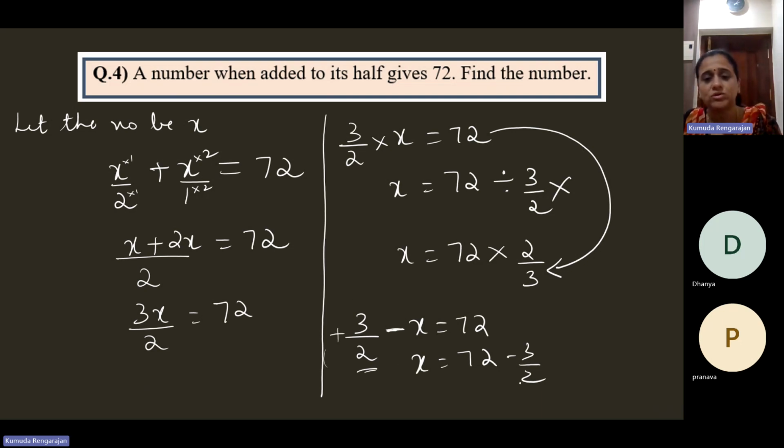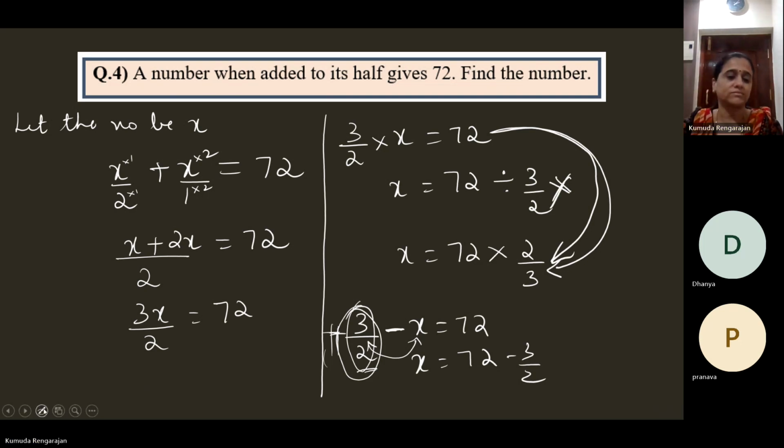So it will become minus 3 by 2 on the other side. 3 by 2 carries a plus sign, and the relation between these two terms is subtraction. So it goes to the other side as minus 3 by 2. So this is different from this. Here it is 3 by 2 into x. So here this fraction 3 by 2 becomes its reciprocal on the other side, into 2 by 3. So you can write this step straight away without having to show this step.